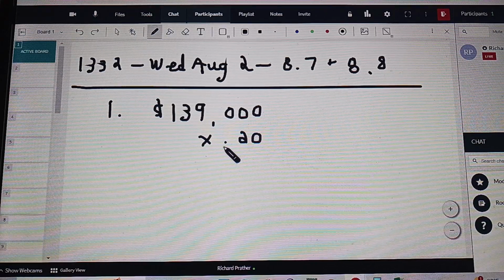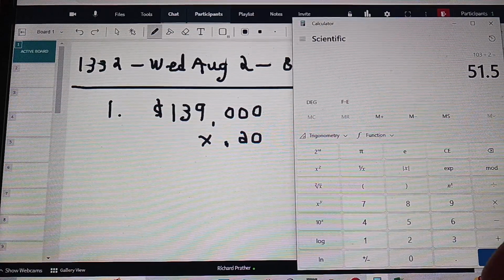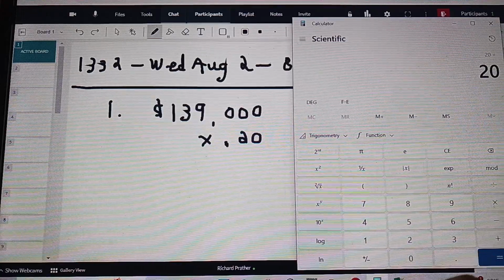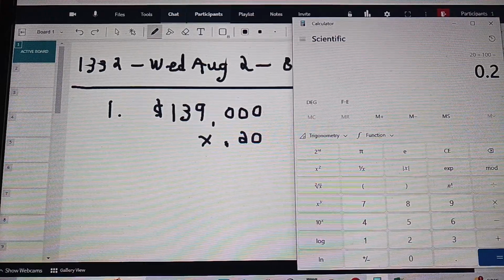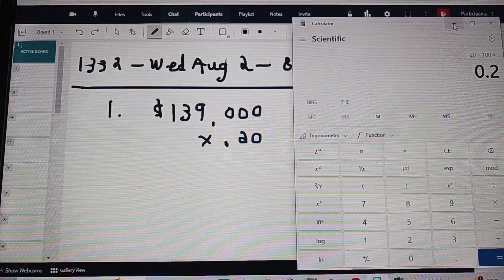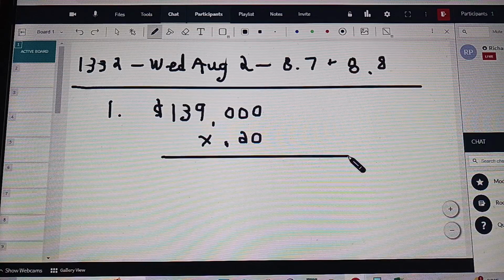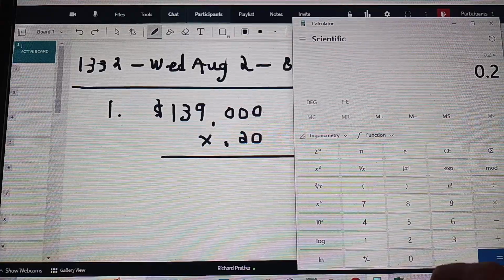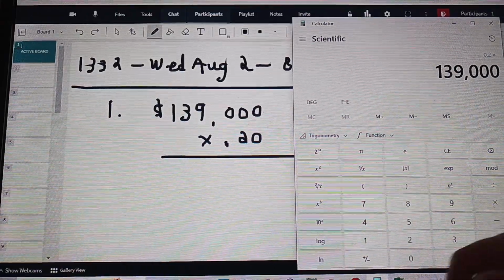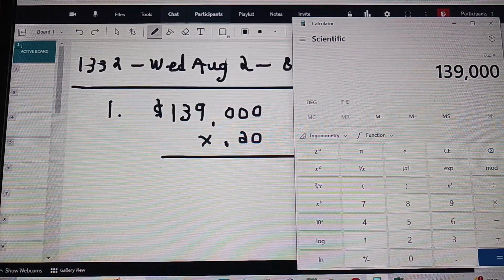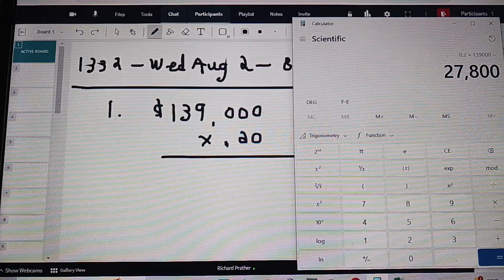So as usual, change the percent to a decimal by moving the decimal over twice, or by dividing 20% by 100. 20 divided by 100 is 0.2 or 0.20. If I multiply 0.20 by the price of the house, that's how much you have to pay up front when you close on the house. $27,800.